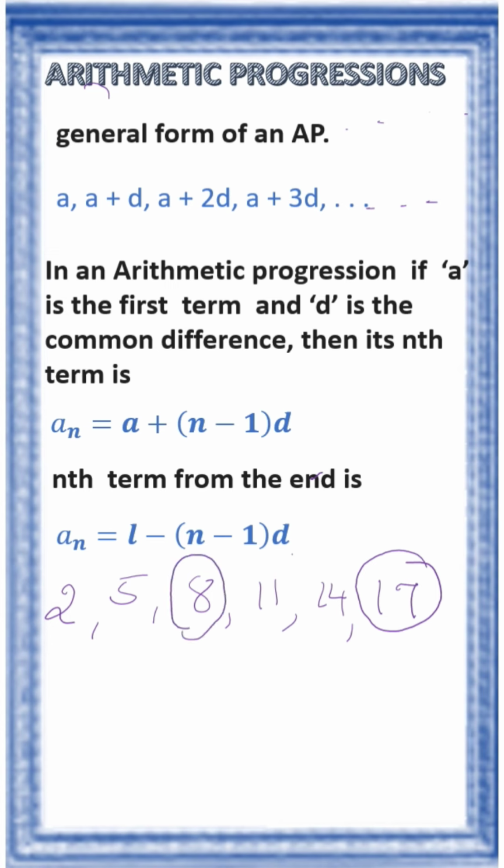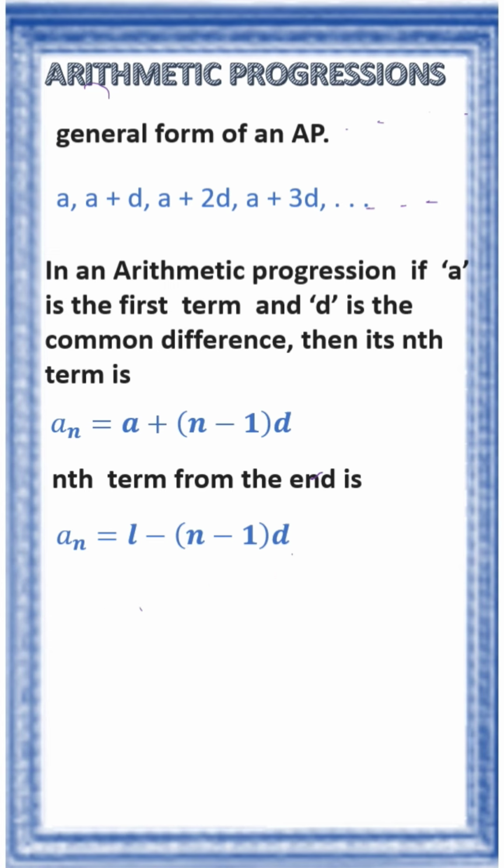You have to get 8 here. How? 17 minus n minus 1 into d: 4 minus 1 is 3, and d is here once again 3 only, 5 minus 2, that is 3. 3 into 3 is 9. 17 minus 9 is what? 8. So our formula holds good here.